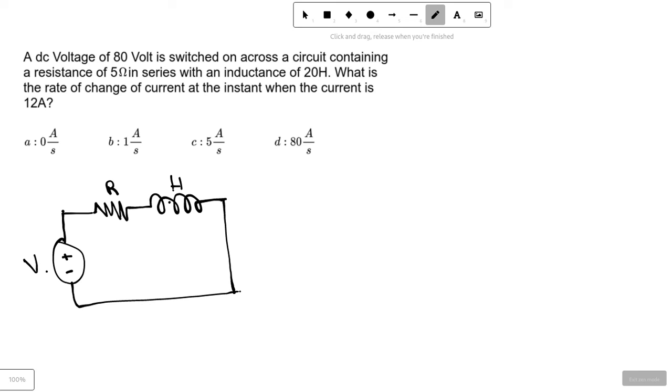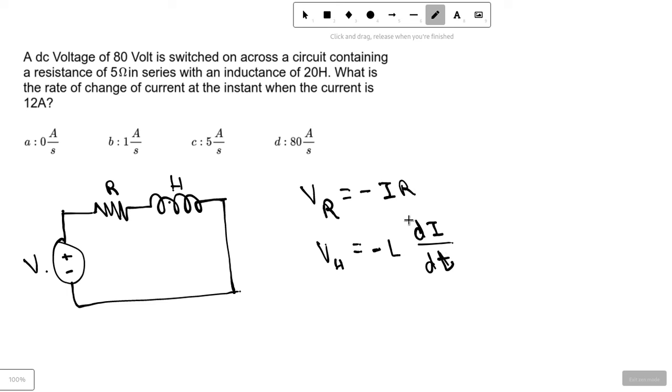Now we already know that the potential at R is minus the current times the resistance, and the potential at the inductor is due to back EMF, which is negative inductance times the rate of change of current.